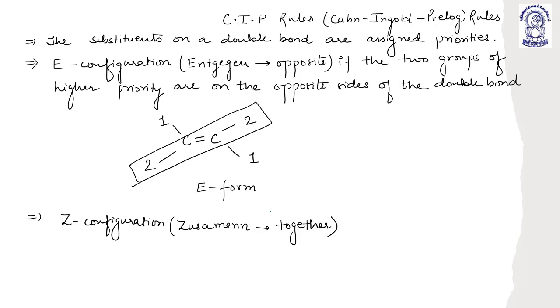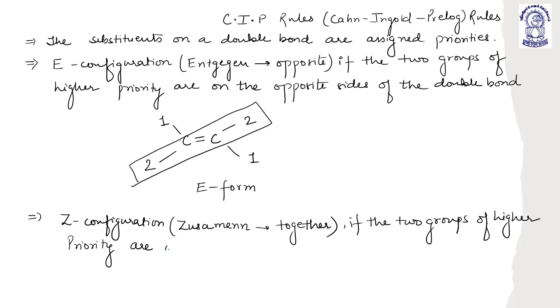If the two groups of higher priority are on the same side of the double bond, it is Z. So on this basis we define the E and Z configuration.